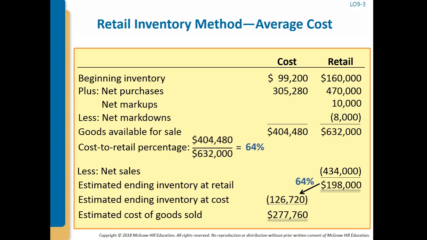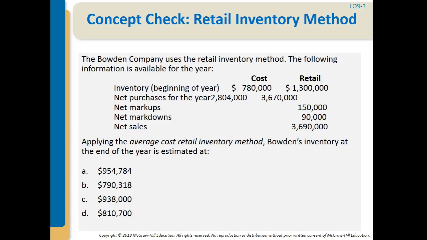This gives us an estimated ending inventory cost of $126,720. Finally, the estimated cost of goods sold is calculated as goods available for sale at cost, $404,480, less estimated ending inventory at cost, $126,720. This gives us an estimated cost of goods sold of $277,760.